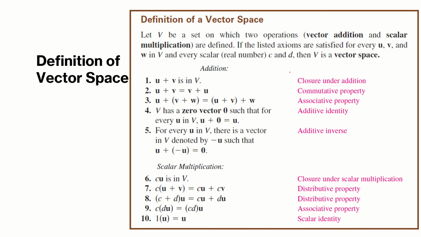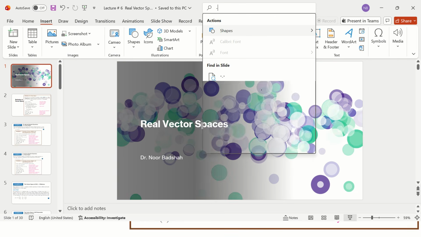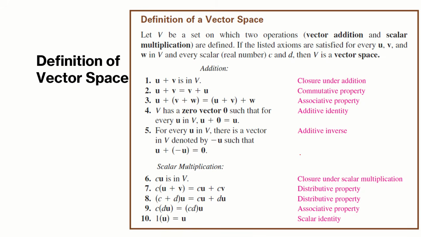In case of addition, we will need two vectors, whereas in case of scalar multiplication, we will be taking one vector and one scalar. Usually this scalar, this constant, will be coming from a field which is usually the set of real numbers.